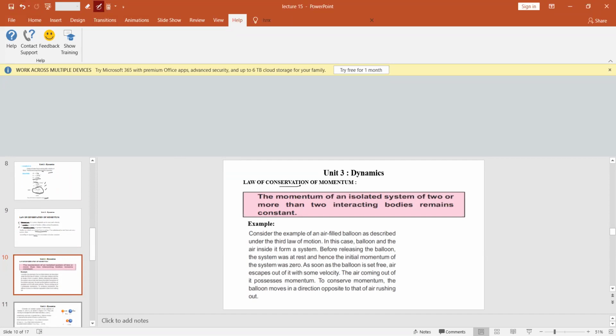Conservation means remain same, unchanged, remain constant. When a thing is not changed, we say that it is conserved, right? So the law of conservation of momentum is stated as: the momentum of an isolated system of two or more interacting bodies remains the same. It means their momentum is not going to change. All right.